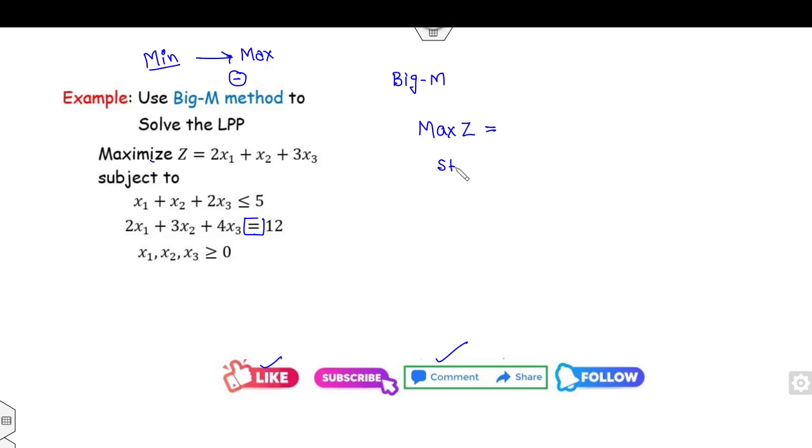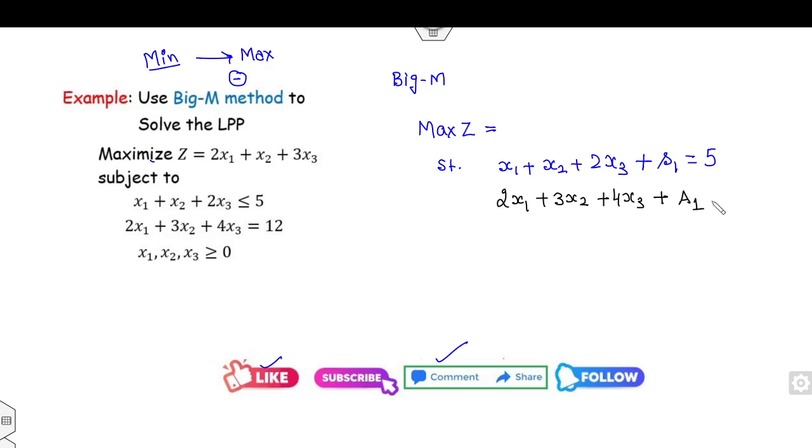So I can write the constraints first. It is x1 plus x2 plus 2x3 plus s1. Fine. The second constraint is 2x1, 3x2, 4x3 plus, because it has only the equality, you have to use the artificial variable. Either you can use a1, fine, but I always suggest, because this is the second constraint, you can use a2.